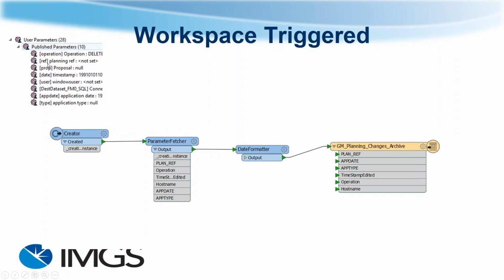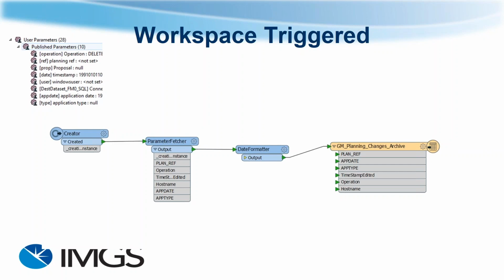I'm fetching it and giving it a name. I've also put a date formatter on there because I'm taking through a timestamp, and I'll tell you more about that in a moment. Then I'm pushing it into this planning changes archive. I'll show you the different data sets in the database in a moment: we have sites, points, and this new table that I've created.